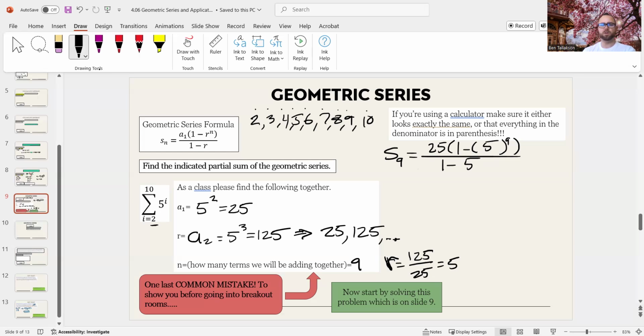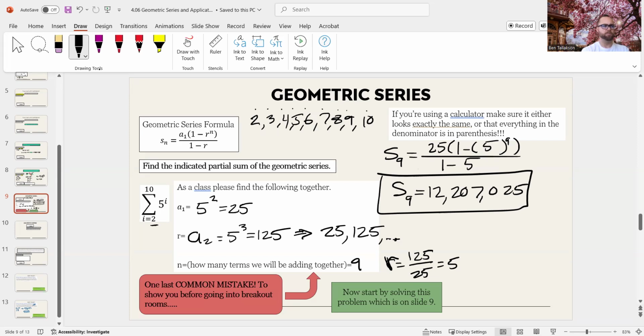I got hung up solving a sub 2 that I forgot to solve for R, but we're back in business. Plug this all into your calculator and you'll get 12,207,025. That's the sum of the first 9 terms.